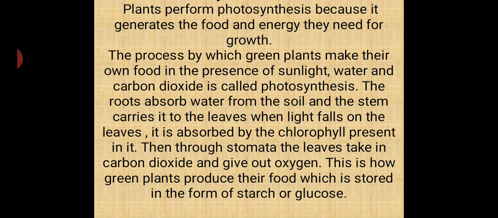When sunlight falls on the leaves, it is absorbed by the chlorophyll present in it. Then, through stomata, the leaves take in carbon dioxide and give out oxygen. This is how green plants produce their food, which is stored in the form of starch and glucose.